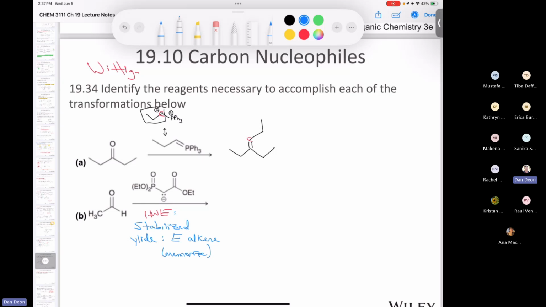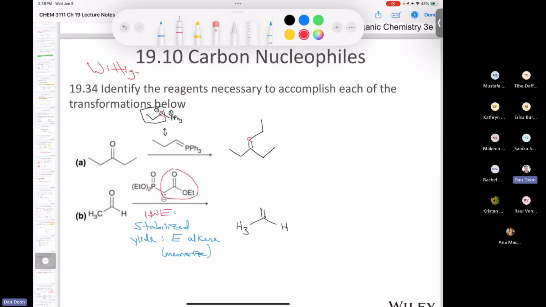So we have this aldehyde. This is acetaldehyde or ethanal. Both names are perfectly acceptable. So here's what you do. The same thing as before. You draw the aldehyde. So we'll draw our aldehyde, which looks like this. Okay, we're going to erase the oxygen. It's gone. And now we're going to attach everything that's attached to the phosphorus.